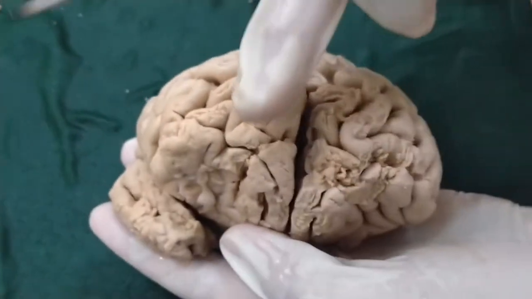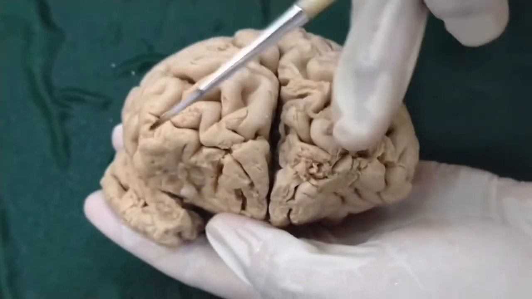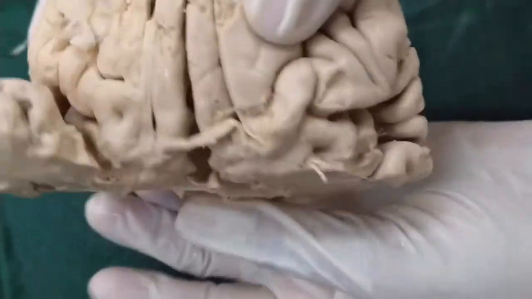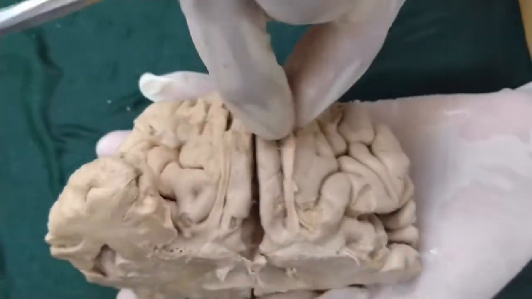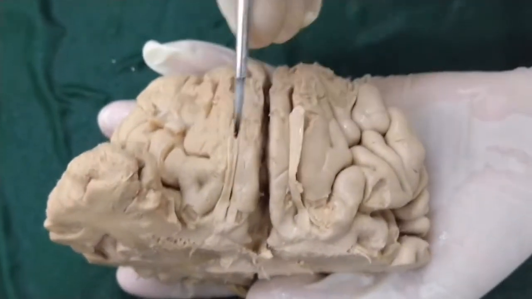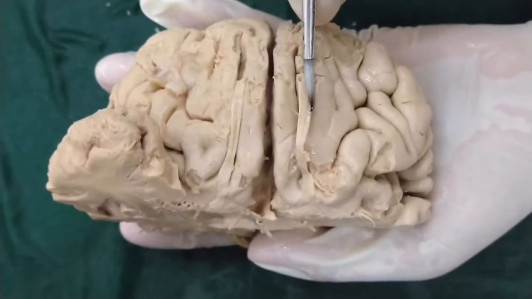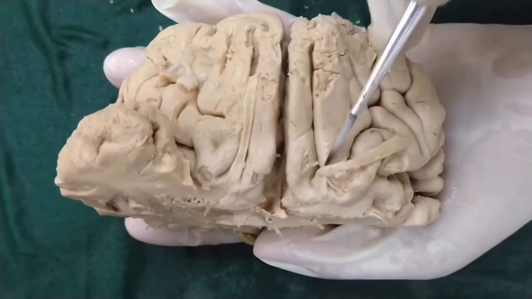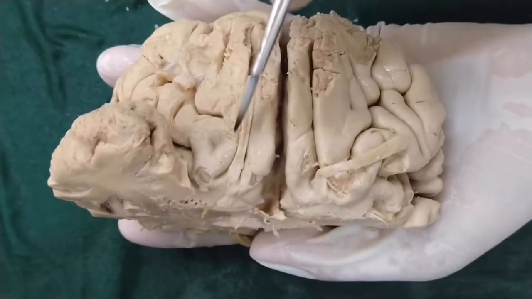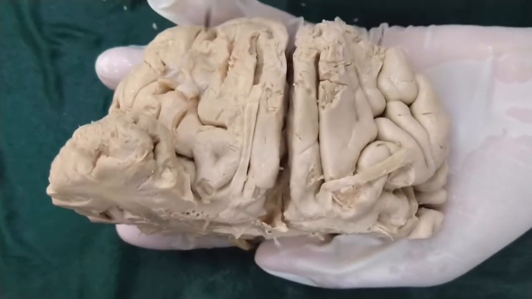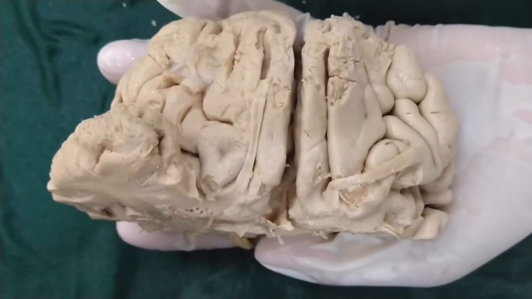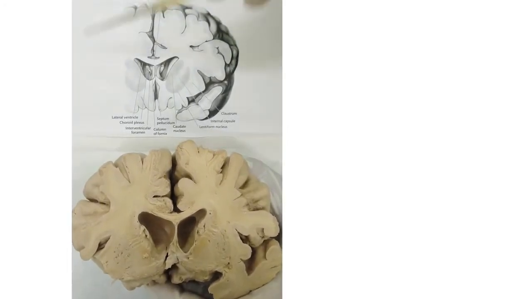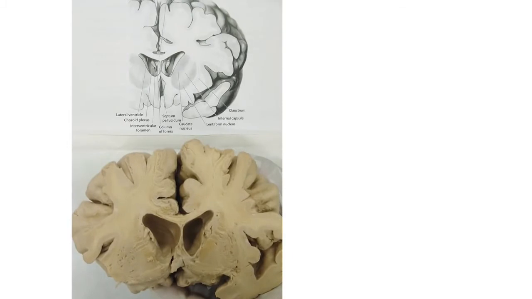To confirm again, you can see the inferior surface, where you can identify the olfactory nerve. Even if the olfactory nerve is not present, you can identify the olfactory sulcus, which is not present on the occipital lobe. This is the figure of the Cunningham. For reference, you can refer to the Cunningham.